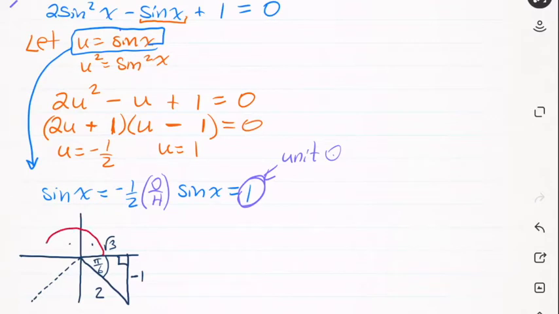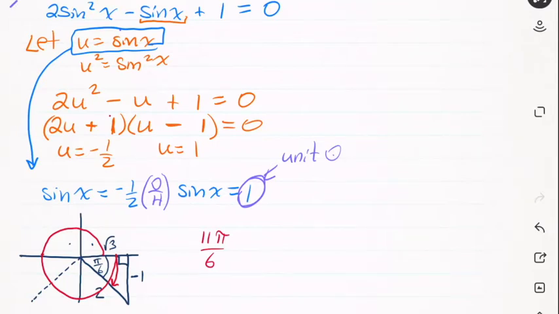This is 6 pieces to get to here. It's 12 pieces to get to here, and then you have to back off 1. So if you do 12 pieces and back off 1, one of my answers is going to be 11 pi over 6, or the same as negative pi over 6.